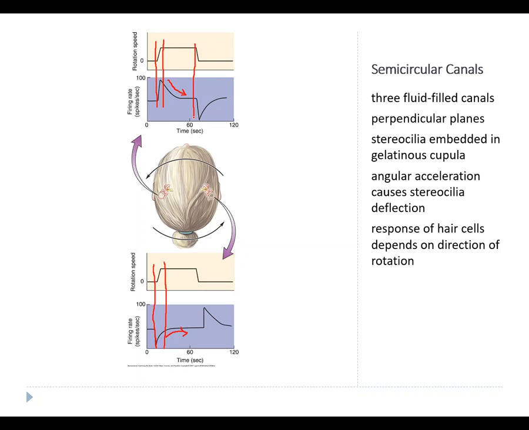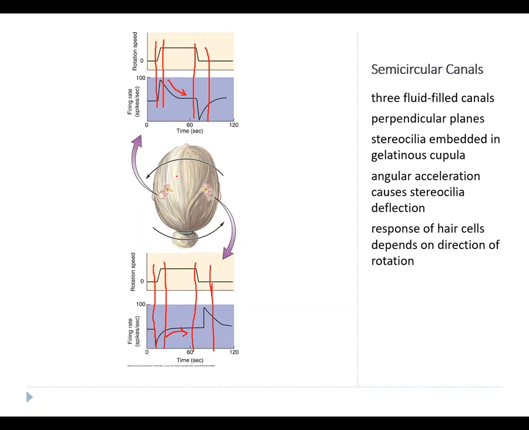So you go from some number down to 0, and when that happens, the left semicircular canals start to drop their firing rate, and then the right semicircular canals do the opposite. They start to increase their firing rate as soon as your head stops rotating. So again, this is some misinformation from your sensory systems, because here your left semicircular canal has dropped its firing rate.